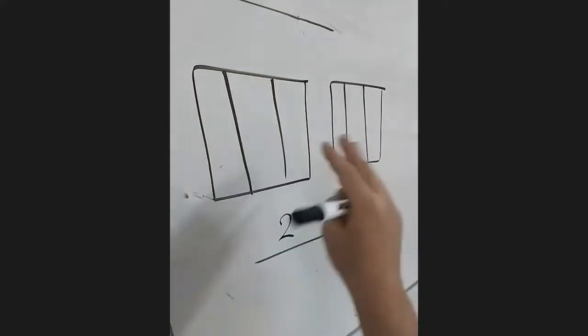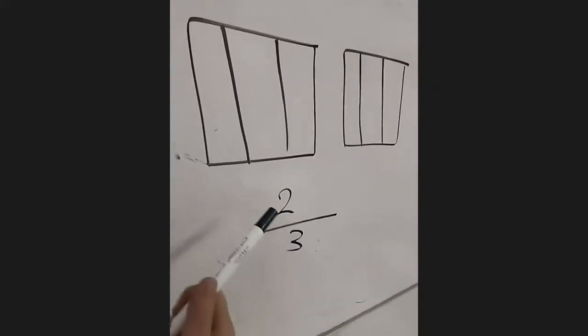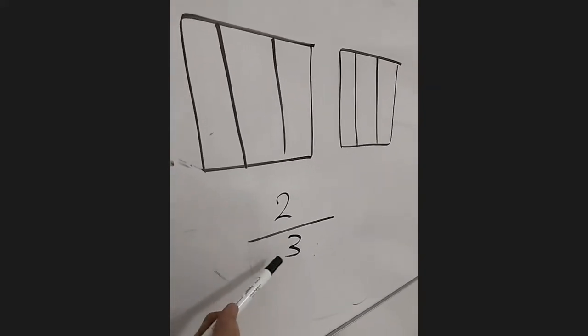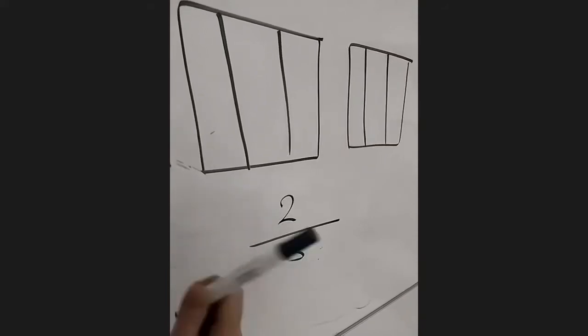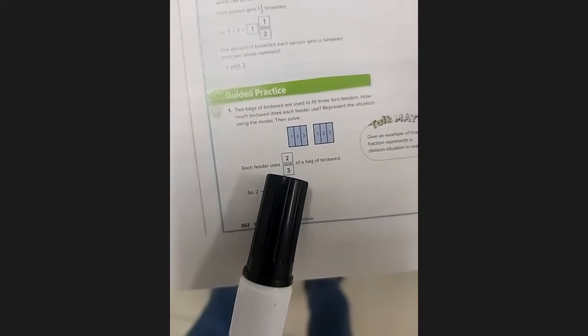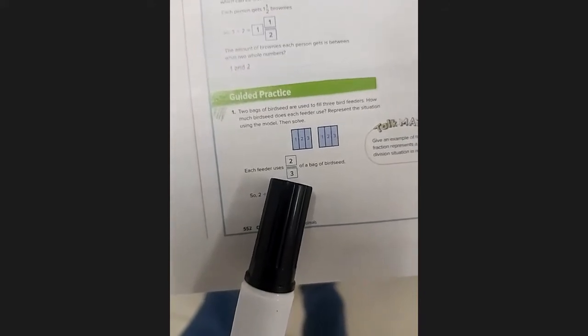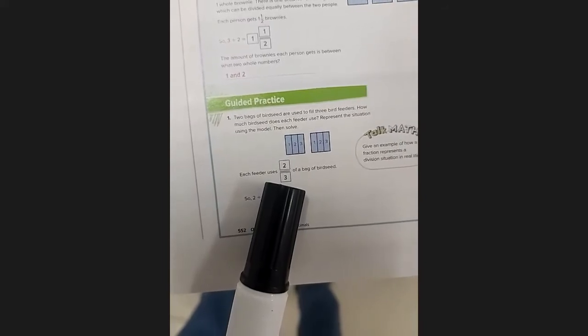So the 2 divided by 3 groups like this. So our fraction is 2 over 3, and we read it as 2 over 3. We can express it as 2 divided by 3. So each feeder uses 2 over 3 of a bag of bird seed, okay?